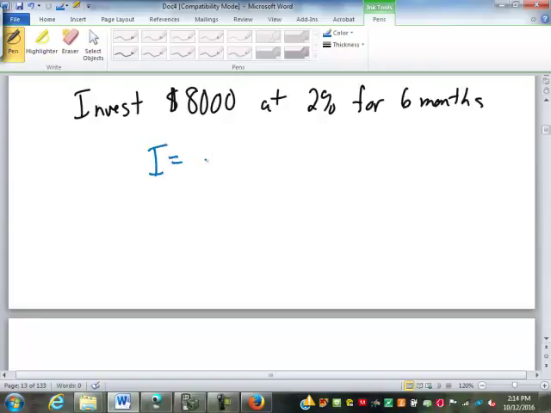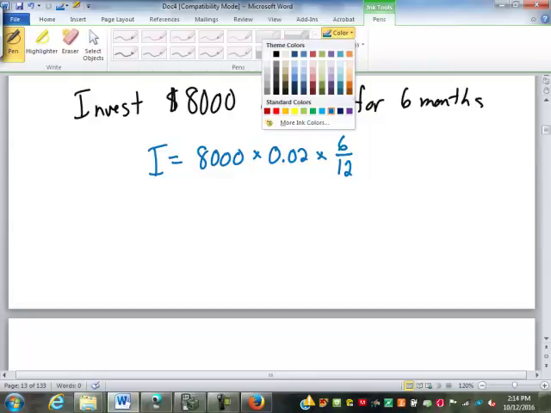So the amount of interest, what numbers am I going to put in here? What comes first? 8,000 is my principal, good, times perfect, 2% becomes 0.02 times what goes in for my time? 6 months, 6/12, or 1/2 if you wanted to.